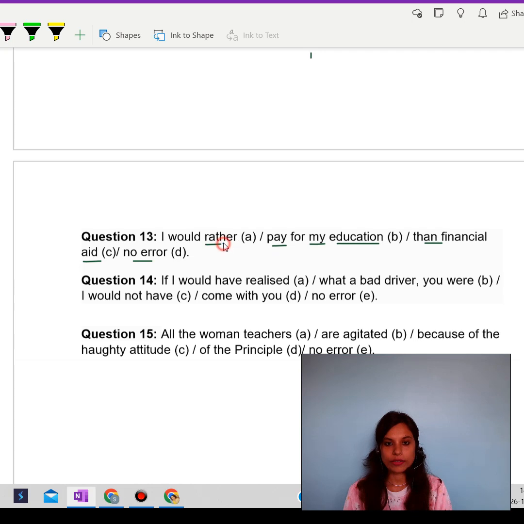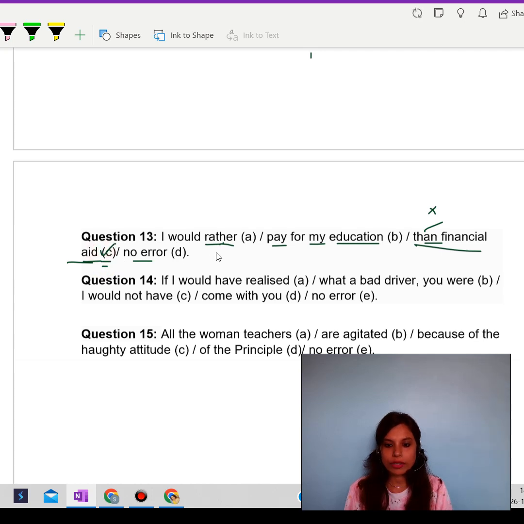So it's written rather. When this word rather is there, whatever two situations we are going to consider in the sentence, we are going to use the same verb for both of them. But just check in part C, the verb has not been used. Instead, than is used, which is wrong. So we can say that the error is in part C.